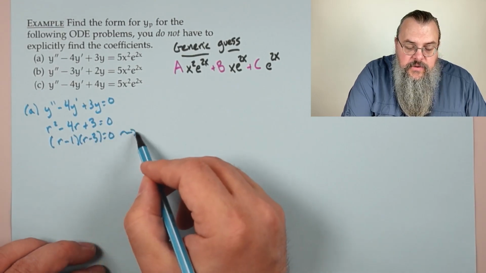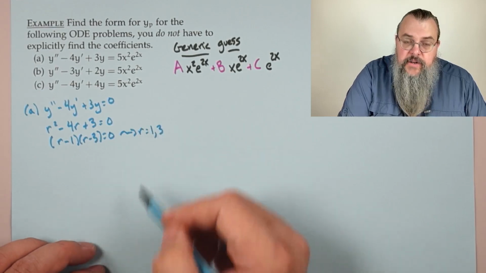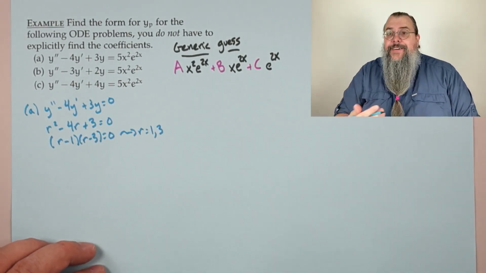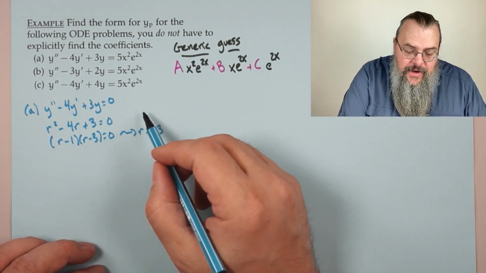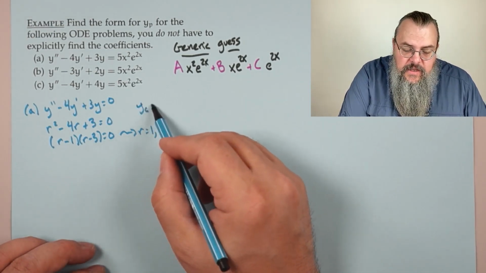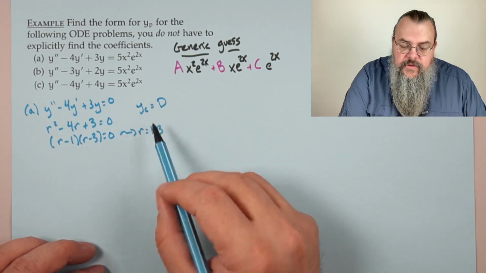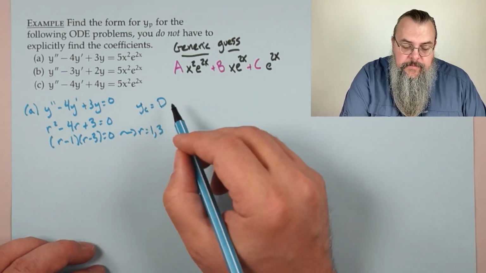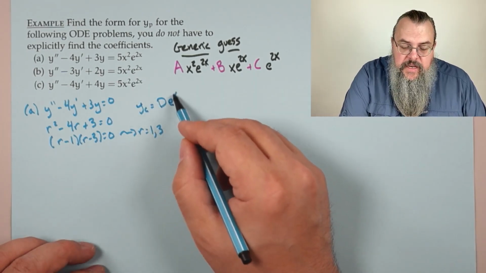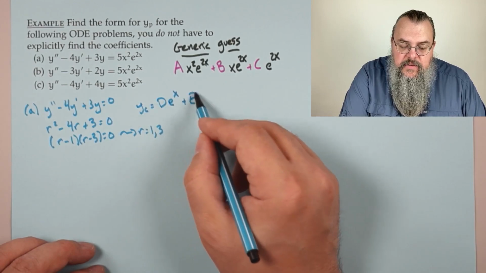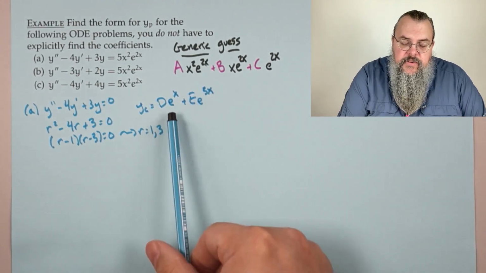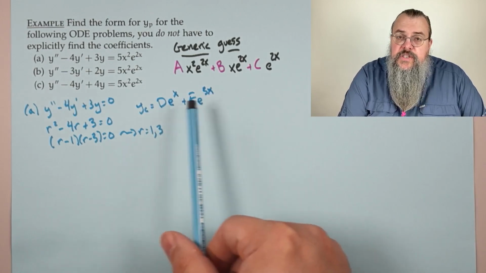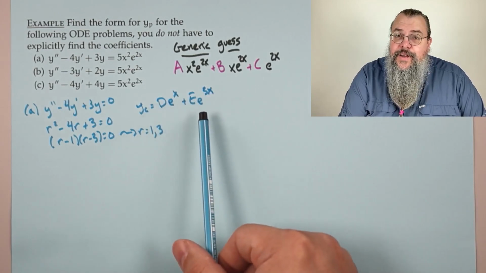And so the roots are 1 and 3. Now that we know the roots, they're distinct roots, so we say, oh, our y sub c looks like some constant, and I'll use d because I'm already using ABC up here, some constant e to the x, plus some constant e to the 3x. So the complementary solution functions are e to the x and e to the 3x.